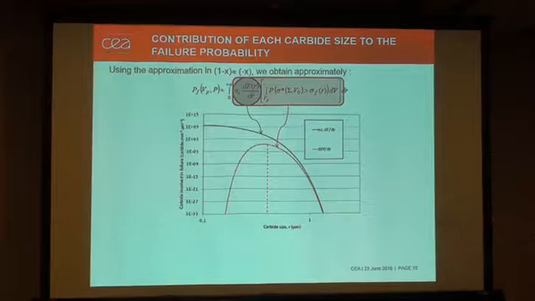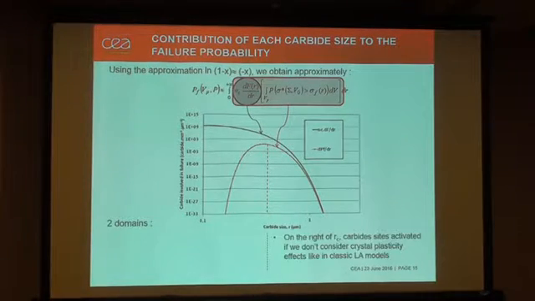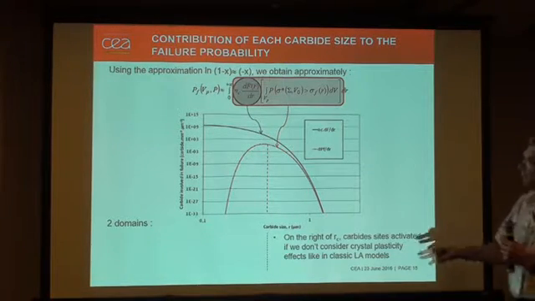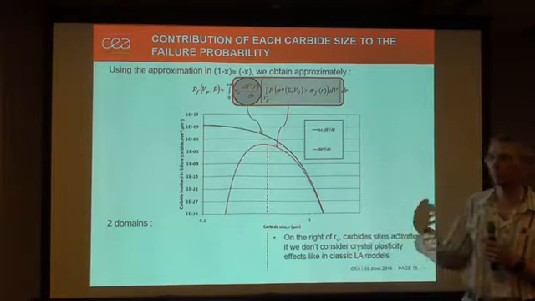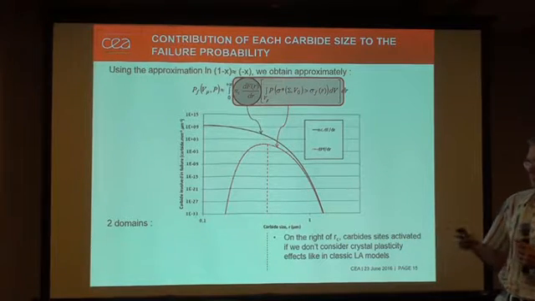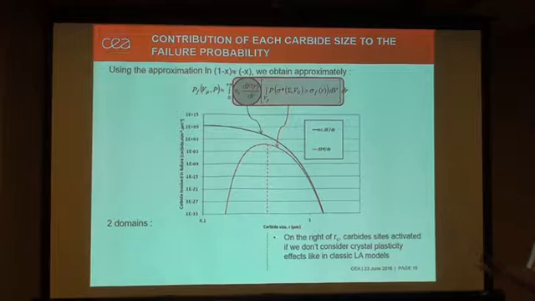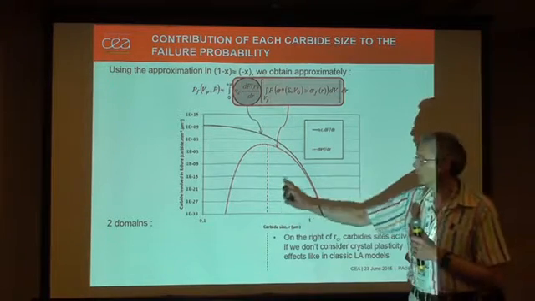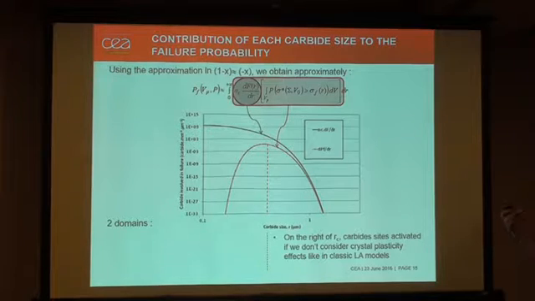So I will plot this curve for different loading. Here, if we consider the critical carbide size according to the Griffith criterion, on the right you have all the carbide sites that would have been activated if we didn't consider crystal plasticity effects, so like in the Beremin model.